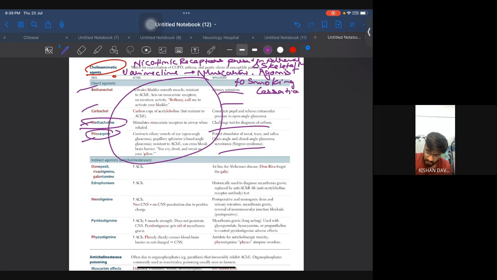Okay, coming to indirect agonist. Indirect agonist, these drugs are for Alzheimer's.